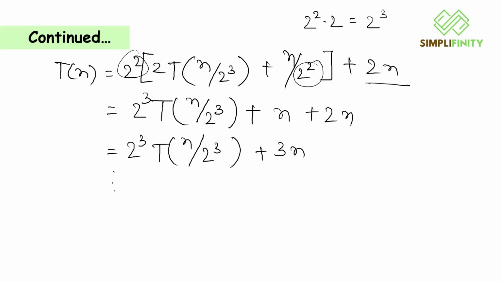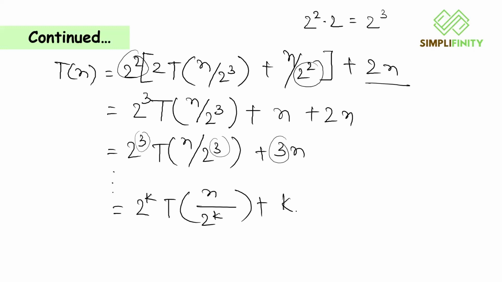And if we go on doing this, we'll get a general equation, which is 2 to the power k t of n by 2 to the power k plus, now these are the same, so this will be k into n. Simple. Now we just need to find the time complexity. That is what is left.